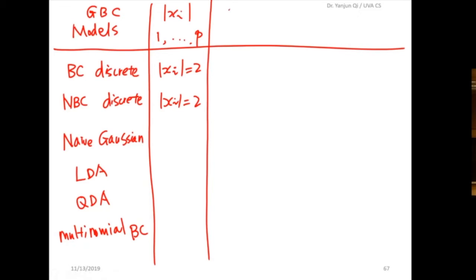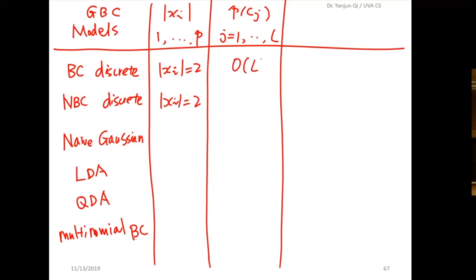So the first parameter you need to estimate is P(Cj). Let's use j to distinguish, j from 1 to L. So no matter what model you use, you need to estimate the prior parameters. This doesn't change at all, whatever generative model you estimate. This is the prior distribution from the data.